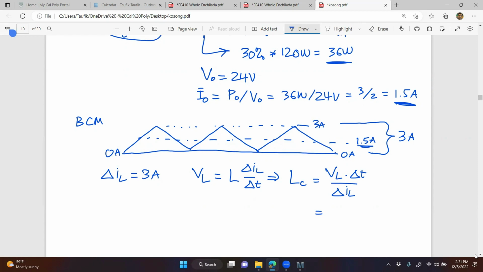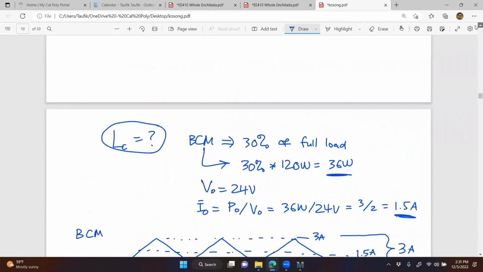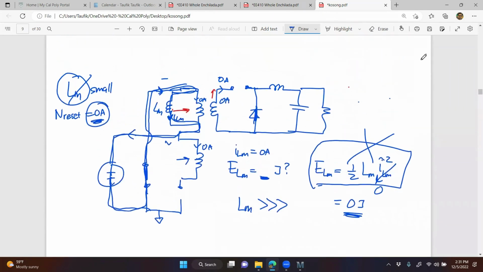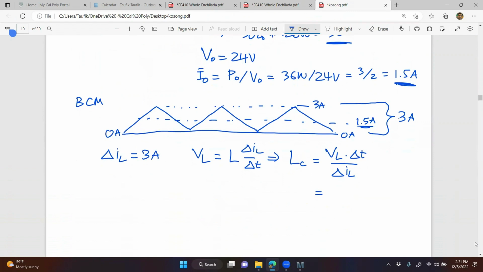I'm going to use the T off, because when the switch is off, the voltage across the inductor on the forward converter is equal to minus V out. When the switch is off, this diode is on, so it's going to be negative V out. That's the easier voltage to work with.